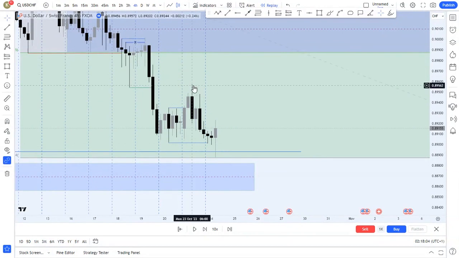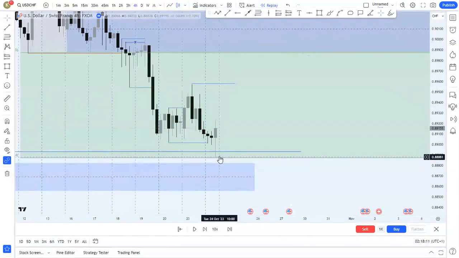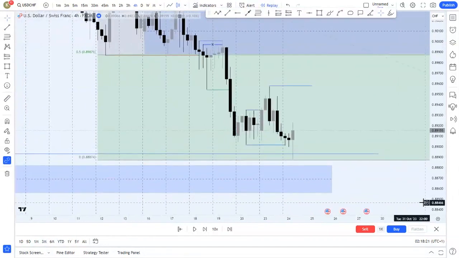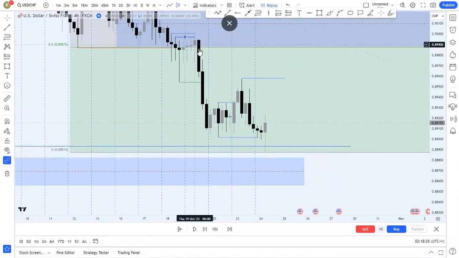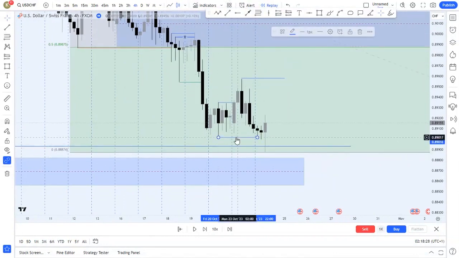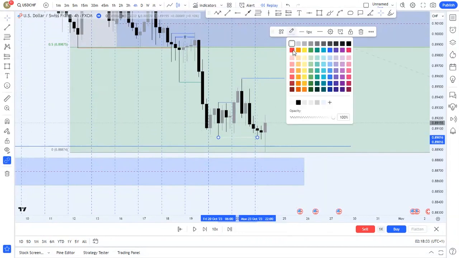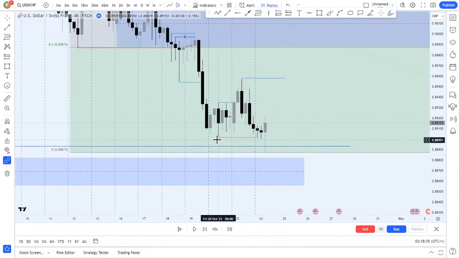And this is the fractal high that led to the break here. So it must be broken. Okay, what's happening right now is this is not even okay. This is supposed to be red because it's an internal structure, not fractal, because it is a low that led to the break of a fractal high.